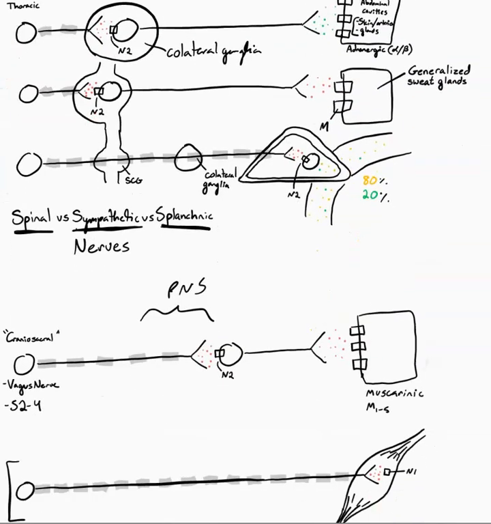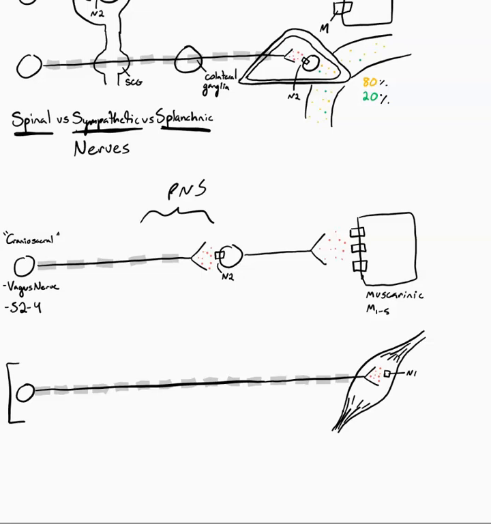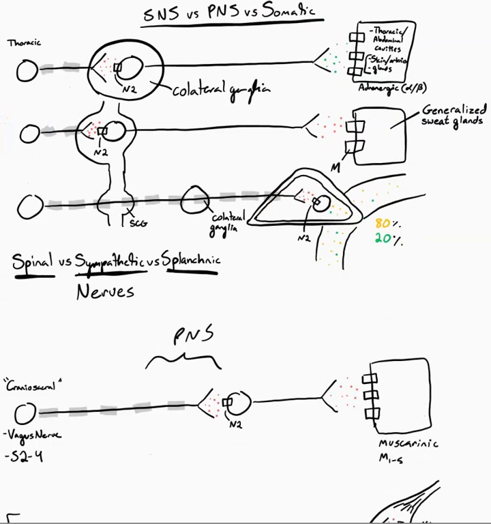And muscarinic receptors are mostly parasympathetic nervous system, except for this one exception when it comes to generalized sweat glands. So the majority of sympathetic nervous system is going to release in the postsynaptic neuron norepinephrine, except for the exception, which releases acetylcholine similar to parasympathetic nervous system.